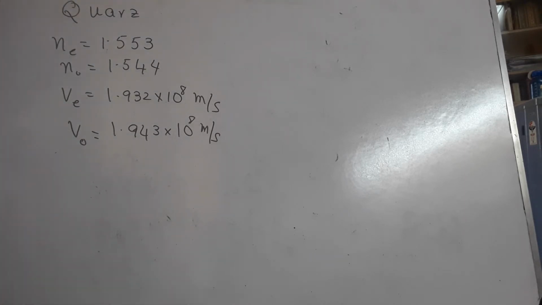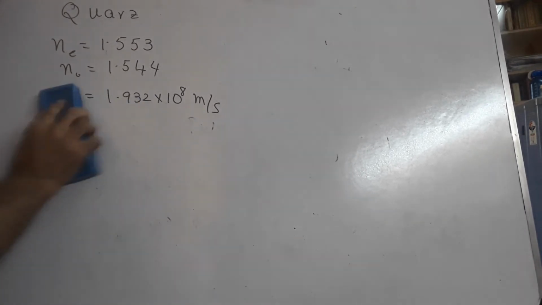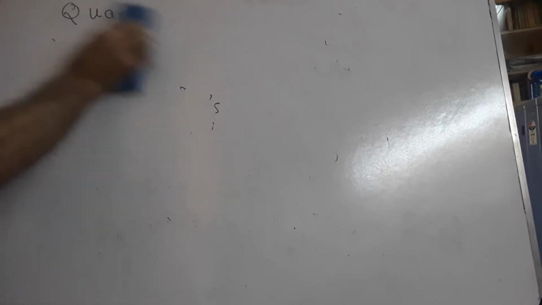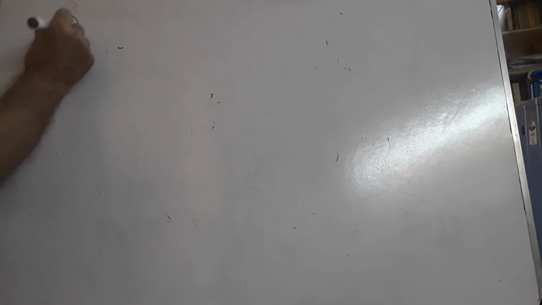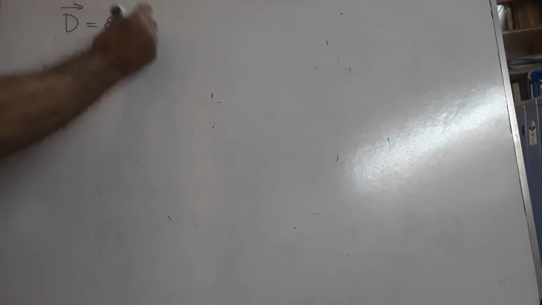Okay. Now we proceed to analyze the D vector and E vector for the k lying in the epsilon 1, epsilon 3 plane. We have the following equations. D, one possibility is epsilon 2 E1. Why?